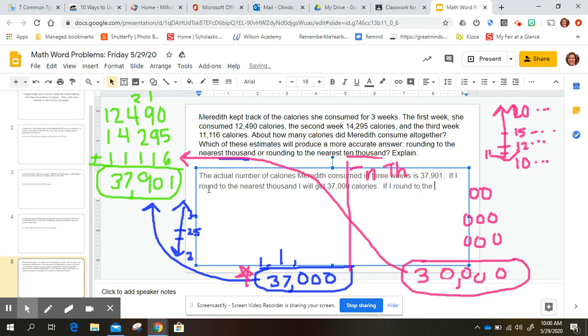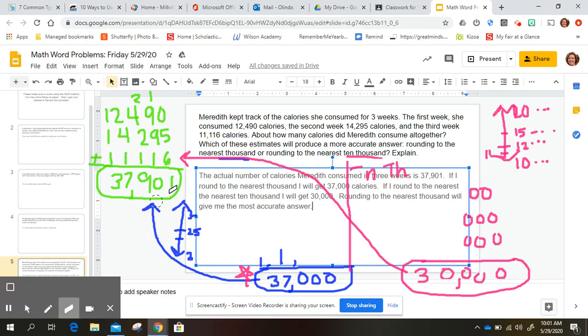If I round to the nearest 10,000, I will get 30,000. Rounding to the nearest thousand will give me the most accurate answer.